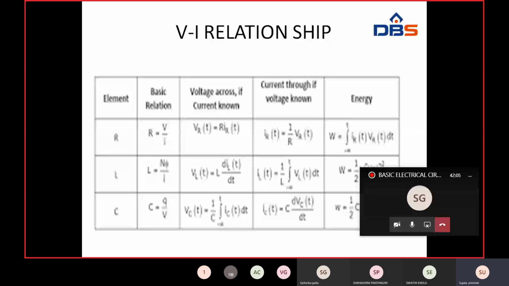When it is a drop of potential, put a negative sign. Like that, minus to plus is rise of potential, plus V1. Next, plus to minus, so it will be a drop of potential, so put a negative sign, minus.